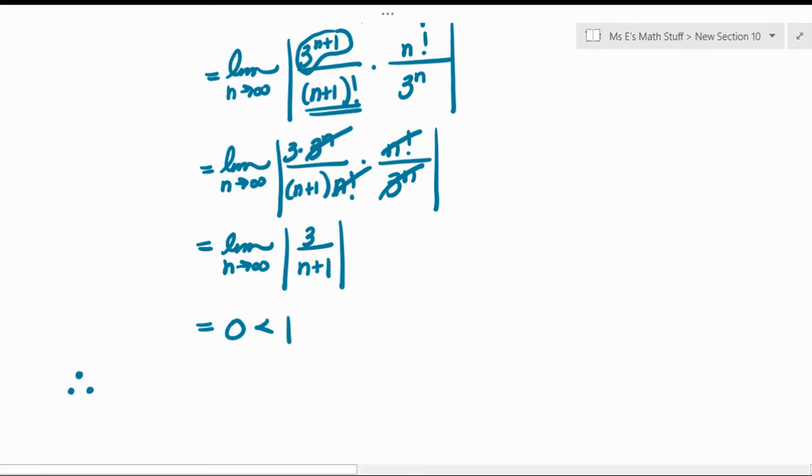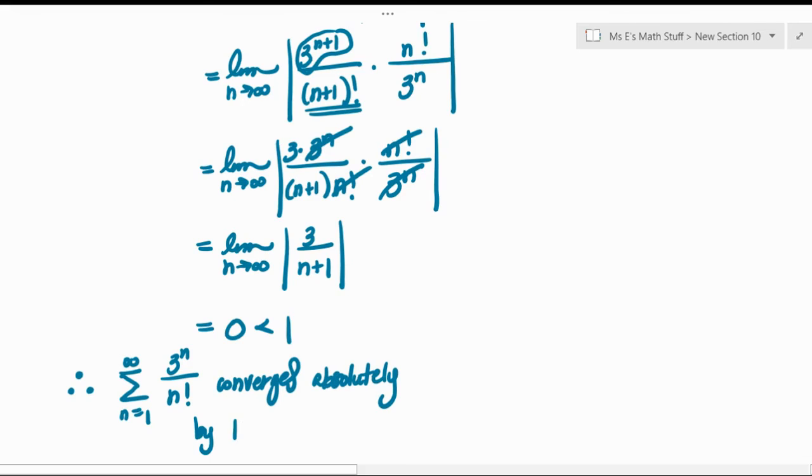Anyway, so we would say the sum as n goes from 1 to infinity of 3 to the n over n factorial converges. And not only does it converge, but it converges absolutely by the ratio test.